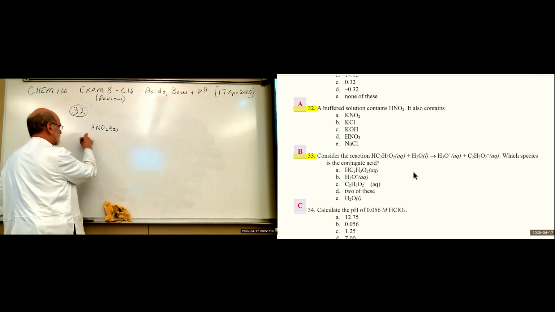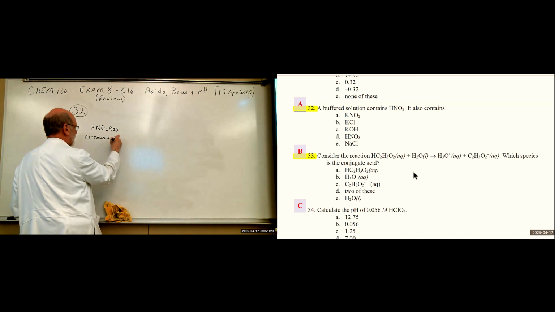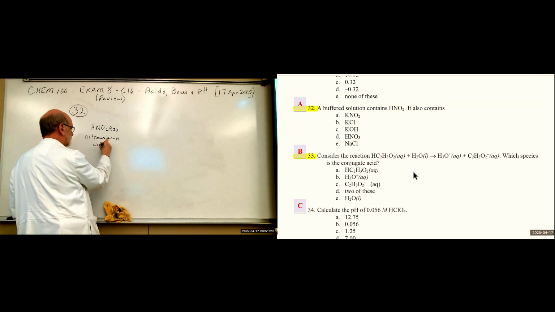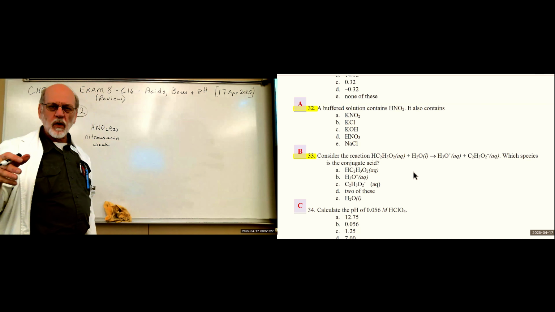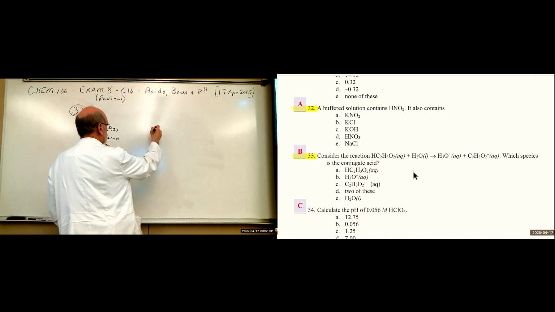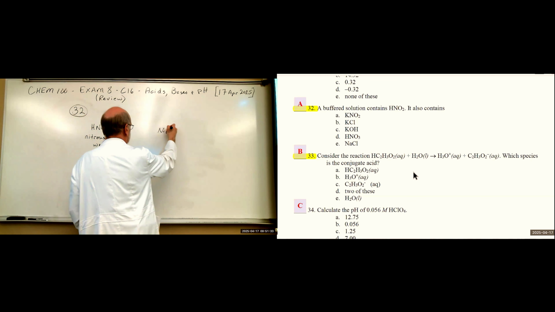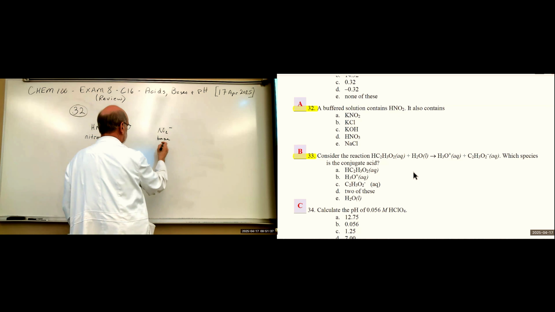This is nitrous acid, and it is weak. So if we're going to use that in our buffer, what we probably want is the conjugate base of this, which would be NO2 minus. That's our base.